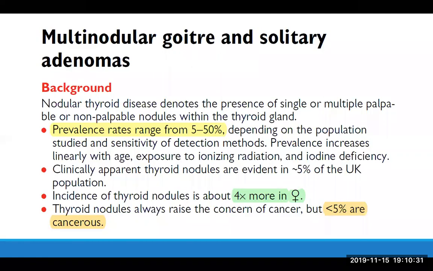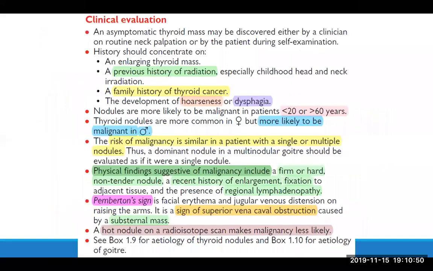And of course, as we know, most thyroid disorders are more common in females, and thyroid nodules are also more common in females. The most important issue when we deal with a thyroid nodule is to exclude thyroid malignancy. Thyroid malignancy is less than 5% of all thyroid nodules, but we must know which is cancer and which is just a benign adenoma.